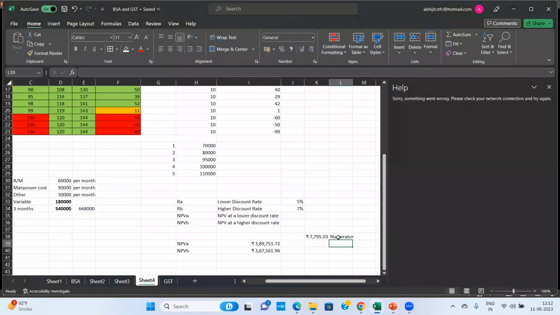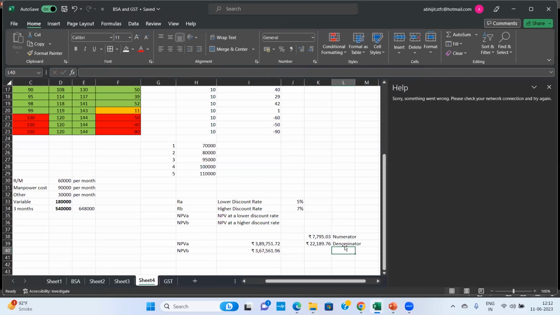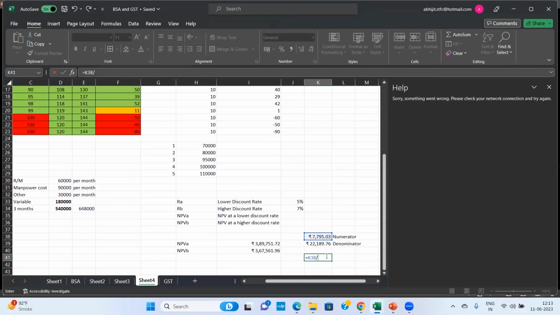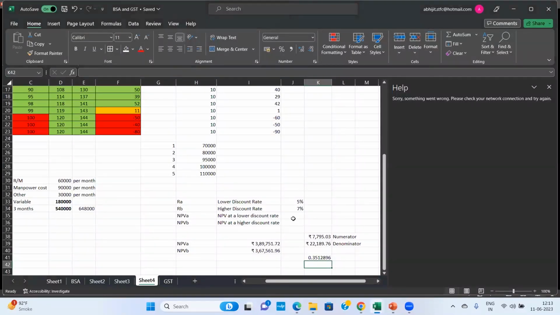NPVA minus NPVB. This is my denominator, right? So let me see, this numerator by denominator will come in fraction, right? 0.351. What is my RA? My RA is 5%.